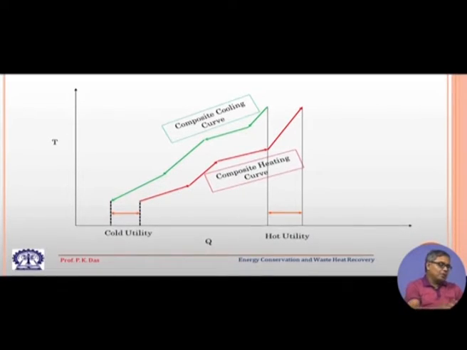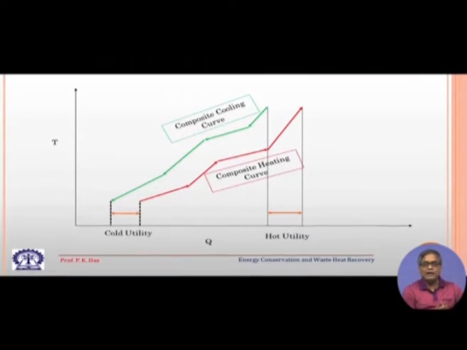In fact, one can probably get a situation that only one utility of minimum quantity, either hot utility or cold utility, will be needed. And if we try to do so, you will see that the temperature difference between these two curves is decreasing. So, let us say this is at TH and locally this is at TC. If we try to bring them close together, then TH minus TC will be reducing.